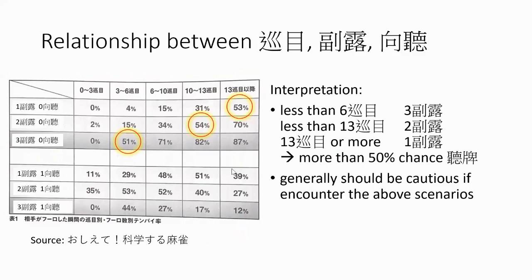In this table here, we try to demonstrate the relationship between 秦目, 負路, and 向聽. 負路 here essentially means how many 面子 you have already 碰 or 上. Okay, so essentially the more the 負路, the closer you should be to reaching the state of 聽牌. In this table, we try to summarize the relationship between the probability of being 零向聽 or already 聽牌 and the number of 負路 at different 秦目.